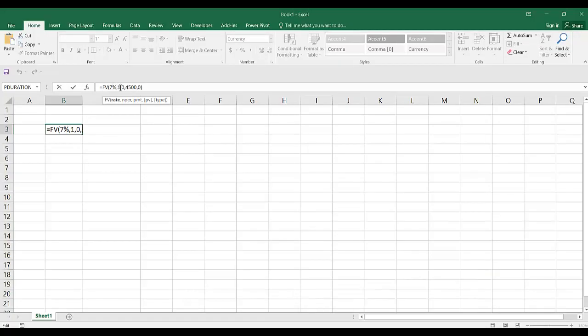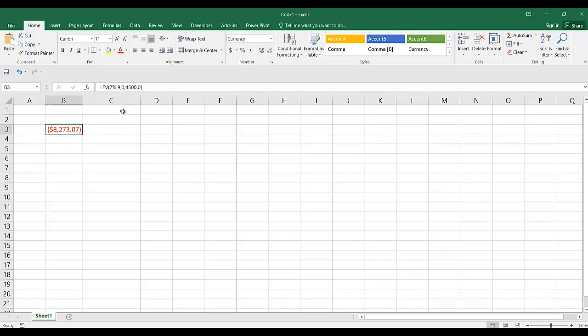What we're missing is the number of periods, which is 9 because we're going to leave it there for 9 years, and we are going to get $8,273.